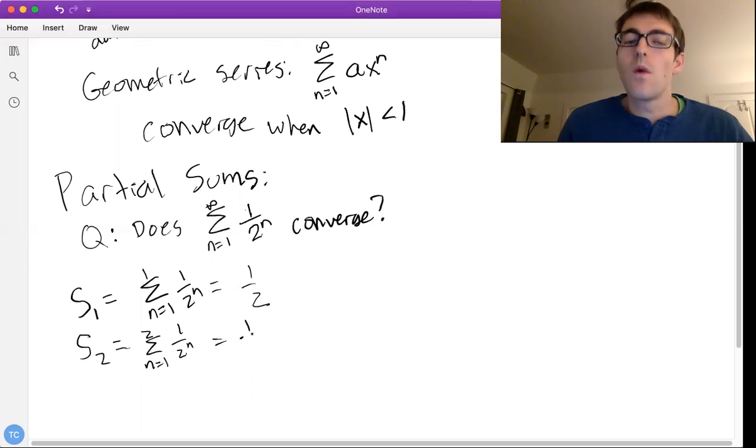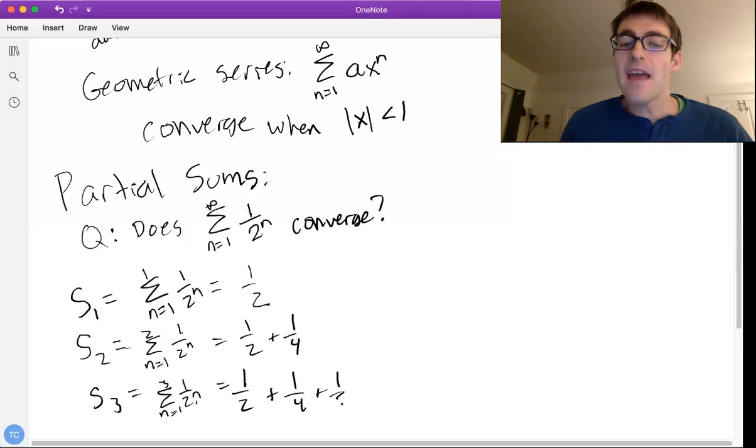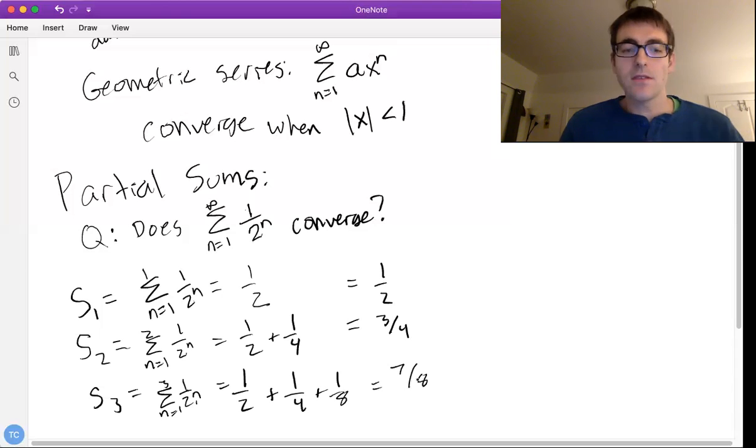Well, this thing is 1/2 plus 1/4. S3 is going to be 1/2 plus 1/4 plus 1/8, and we can start to see the pattern that's developing. I also want to point out that the first is 1/2, 1/2 plus 1/4 is 3/4, and here we're going to have 7/8.